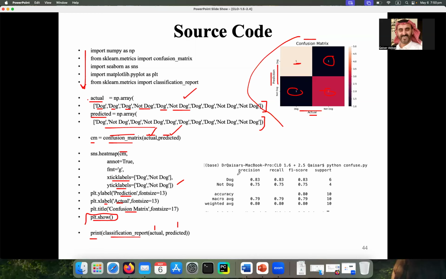Then it automatically calculates precision, recall, F1 score, and support. With these classes, dog and not dog, it shows you the values of precision, recall, F1 score, and support. It also gives you the accuracy values, and similarly the macro average and weighted average. So this classification report gives you the whole report. This is the end of the CLO.